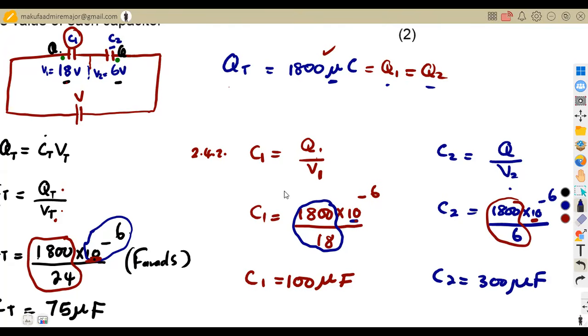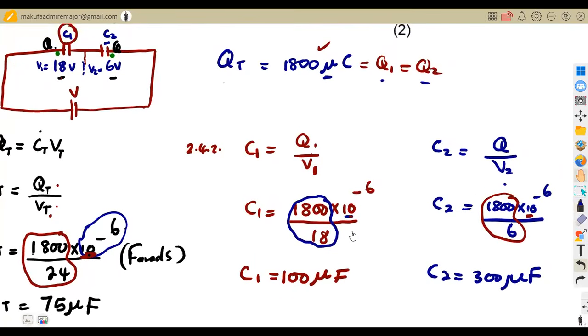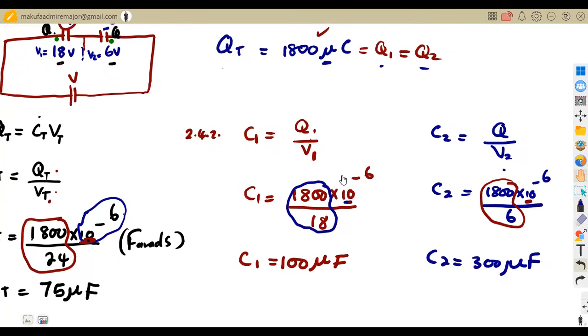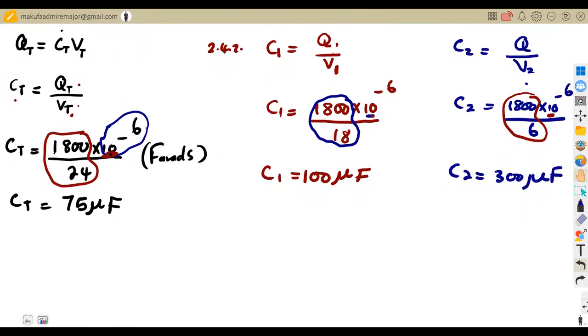If we are to check this part, remember these two are in series, and we said capacitors in series relate as resistors in parallel. So it must be proof that these two combined together should give us the total value that we are given. If they use the same concept as resistors in parallel, CT can be from product over sum.